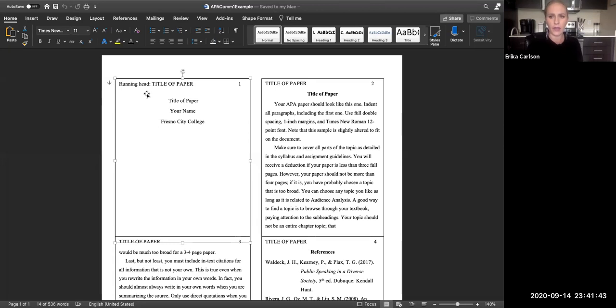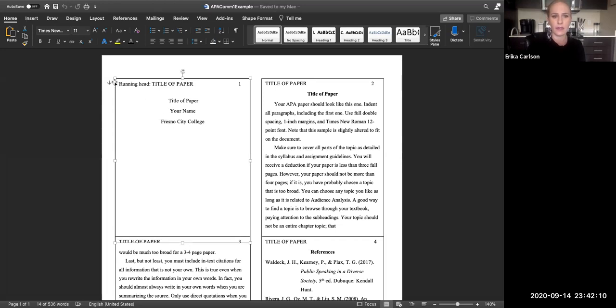I have provided you a sample cover page that is directly related to this paper that you are going to be writing, and that is on Canvas as well. I've uploaded that into a Word document for you, so you can just make the necessary changes that pertain to you and your paper, like changing the name and the title, and then use that document to continue writing your draft.